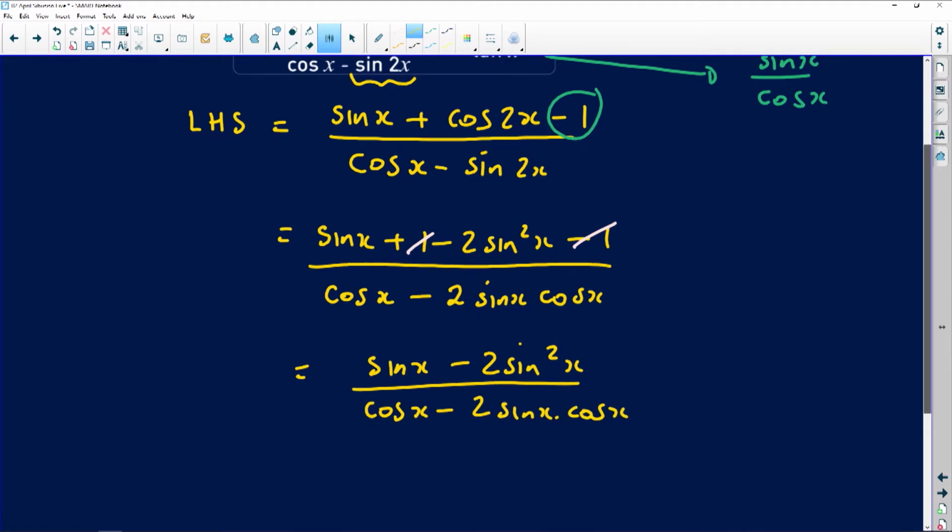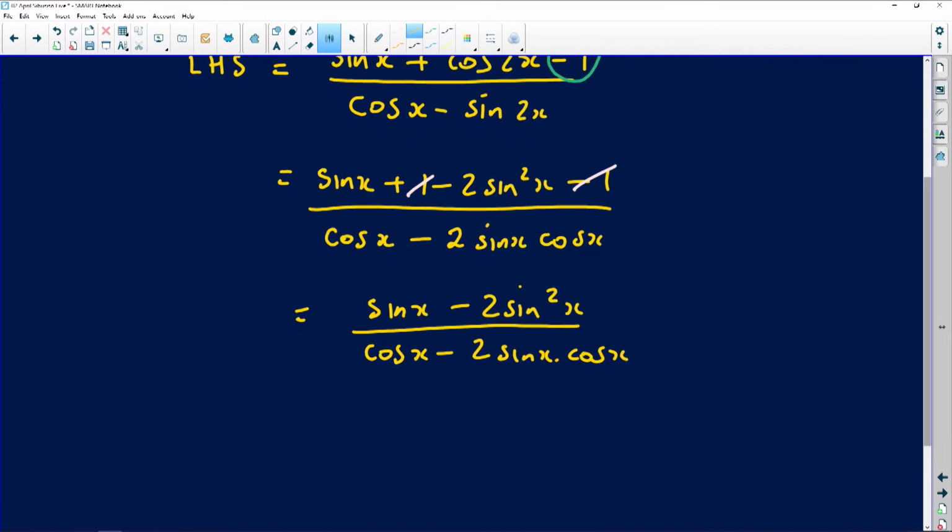Now, your trig does not exist in isolation, guys. It's always important to make sure that you remember your algebra as well. So I'm now going to engage my algebraic skills by looking at the numerator. You'll find that you've got a common factor between sine x and 2 sine squared x, and the common factor there is simply sine of x. So I'm going to factor out sine x.